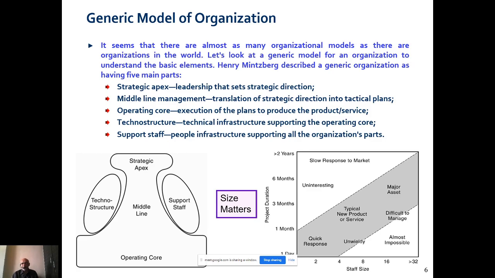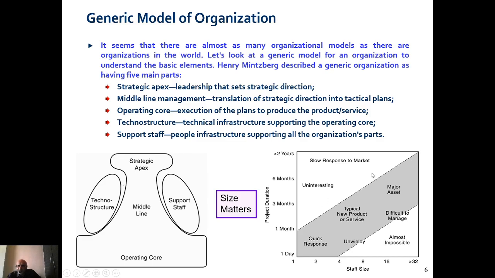Another kind of map you can see here is staff size versus project duration. If the staff size is greater than 32 and the project duration is greater than 2 years, it is very difficult, with a slower response to the market.